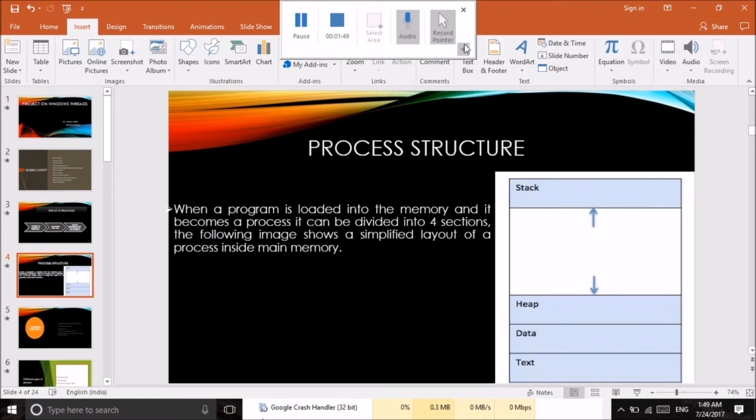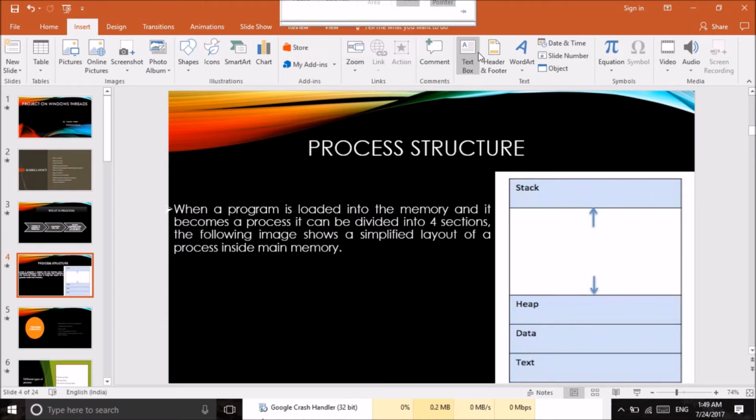Text is the current activity represented by the value of the program counter, and the data represents the global and static variables. Global variables are those defined outside the function, and static variables are those defined inside the function which keep the memory throughout the program execution.